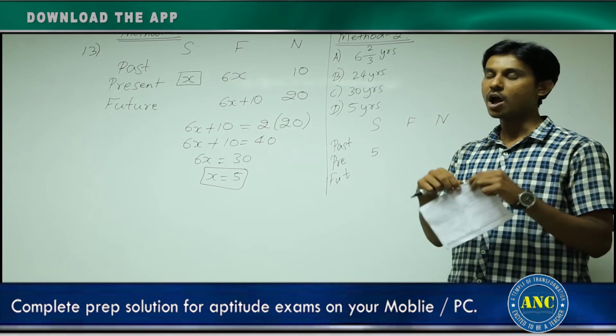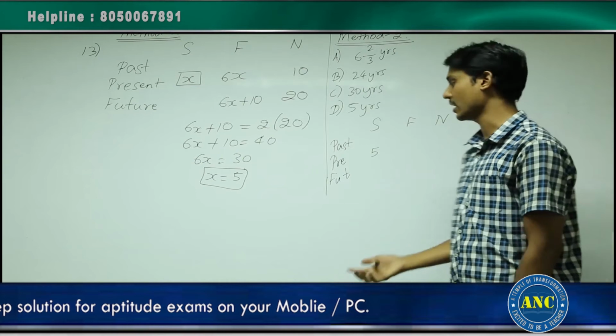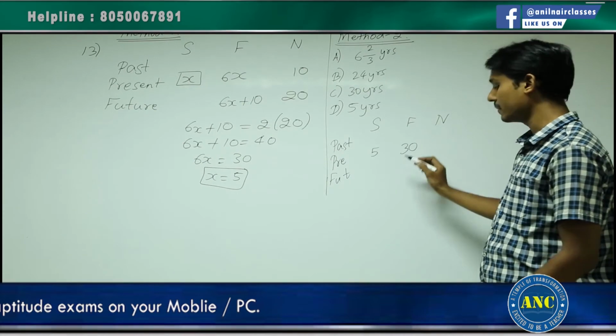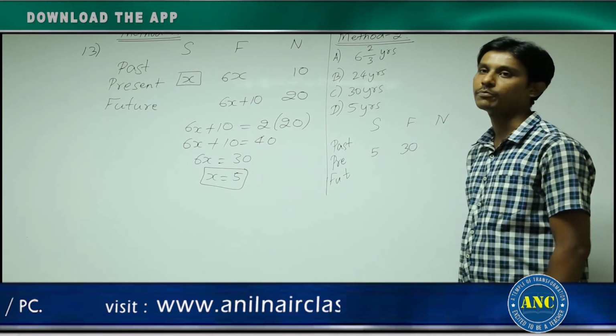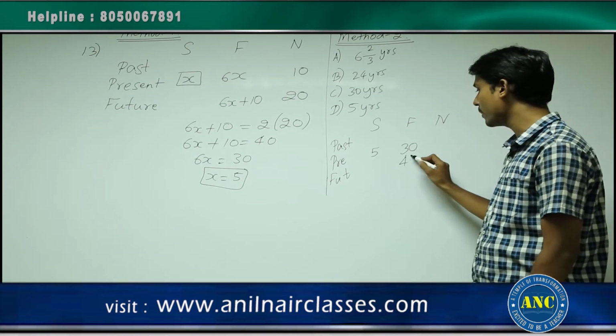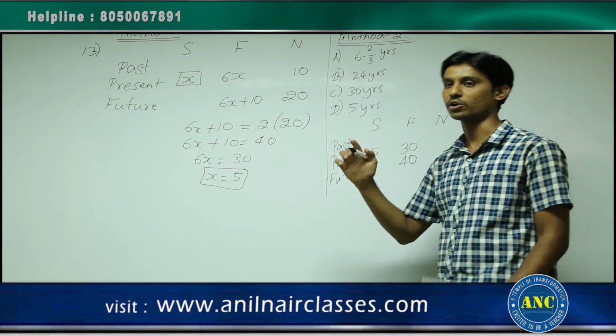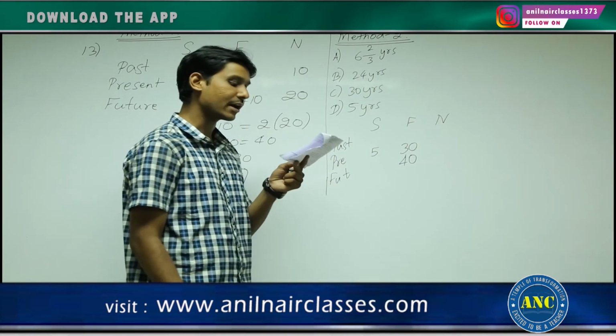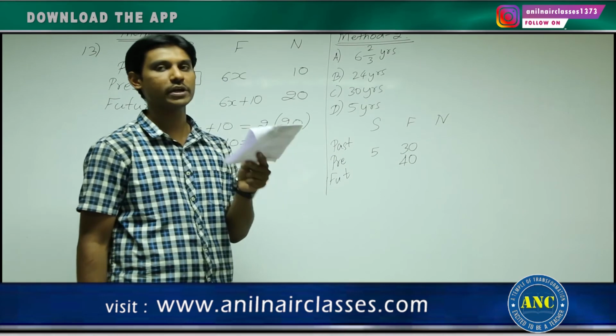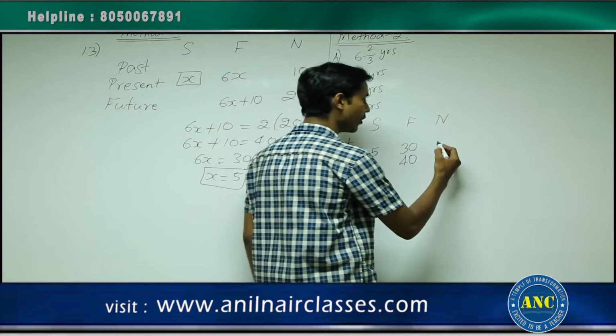It is nothing but father's age is 6 times of Suman's age. Father is 30 years. The next, Suman's father's age will be twice of Nakul's age after 10 years. After 10 years he will be 40. Nakul's present age is not known, so it is an incomplete statement as of now. Third statement, if Nakul's 8th birthday was celebrated 2 years before, 2 years before Nakul was 8 years.